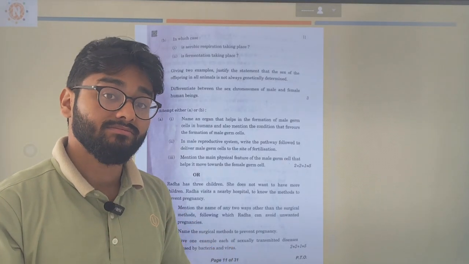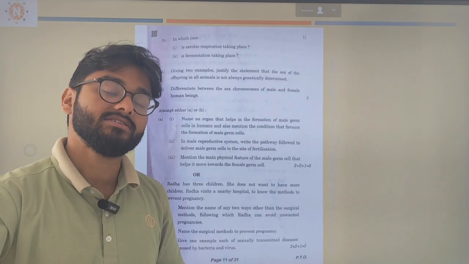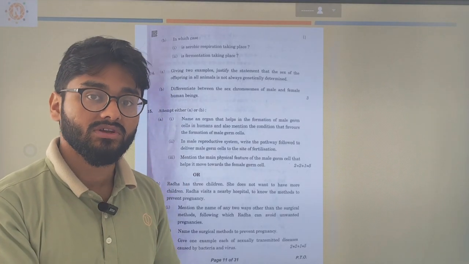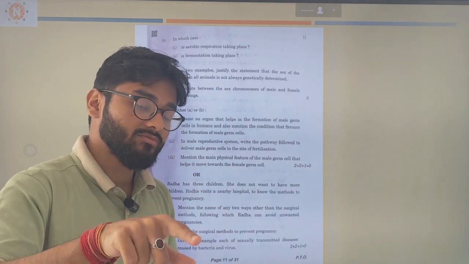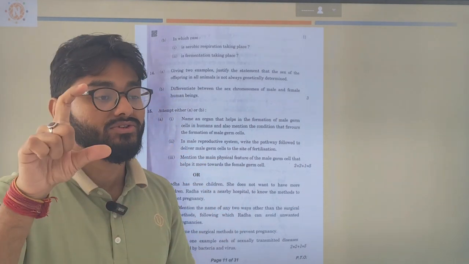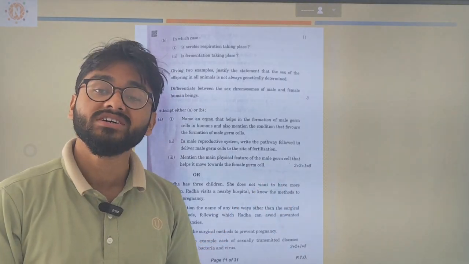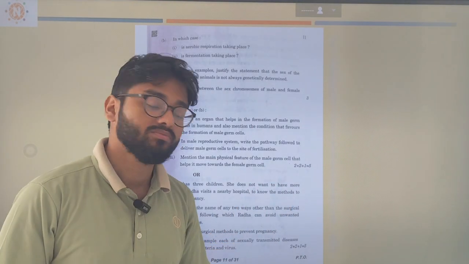In such contraceptives we can use contraceptive pills, and the second case will be our condoms for both males and females. Okay, and one more thing you can add, that will be intrauterine devices, without having to go through surgery. So what is this surgery? Name the surgical methods used to prevent pregnancy.